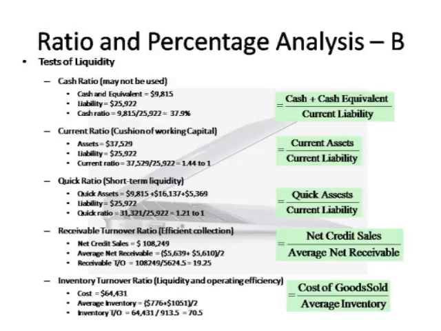The value is $9 billion plus $16 billion plus $5 billion, which is about $31 billion. On the financial report, the liability is about $26 billion, so the ratio is about 1.21 to 1.